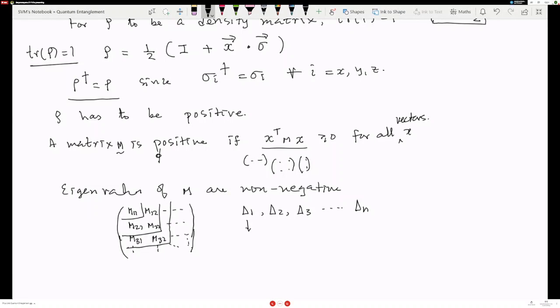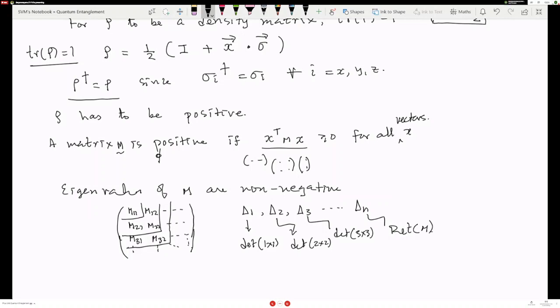This is determinant of the 1 by 1 block, this is determinant of the 2 by 2 block, and this is determinant of the 3 by 3 block, and this is determinant of the whole matrix, delta n.